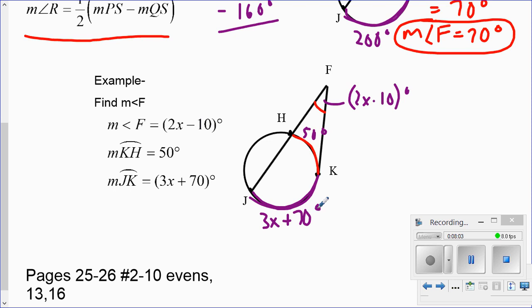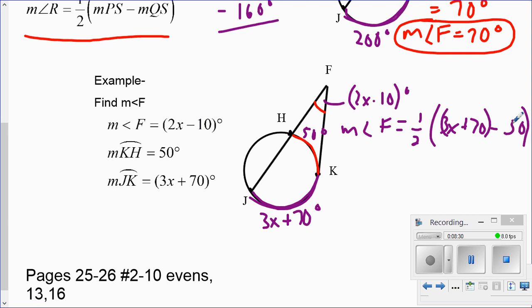So the two arcs that I need to use in the formula, we already have both of that information filled in. So we're going to use that in combination with the angle measure. So the measure of angle F is equal to half of the bigger, which is 3x plus 70, and I'm going to subtract the smaller, which is 50.